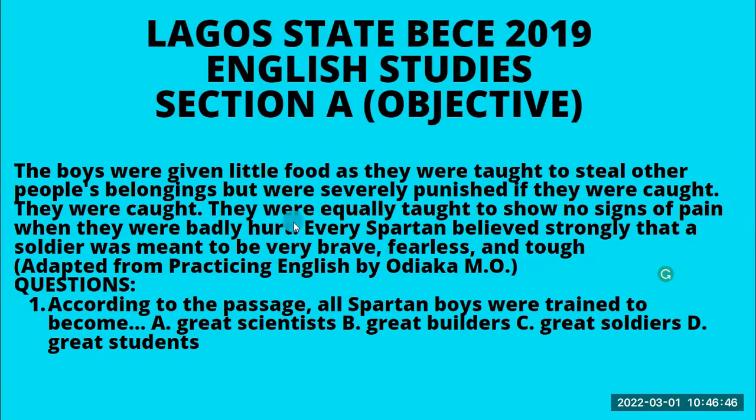There's no other reason than this: if they were encouraged to steal and were punished severely when caught, it means they were punished for being foolish, for being careless. Why were they not careful enough to steal so smartly that they would successfully steal? They were taught to steal successfully, which for me is morally wrong. But that was part of their training, all right?